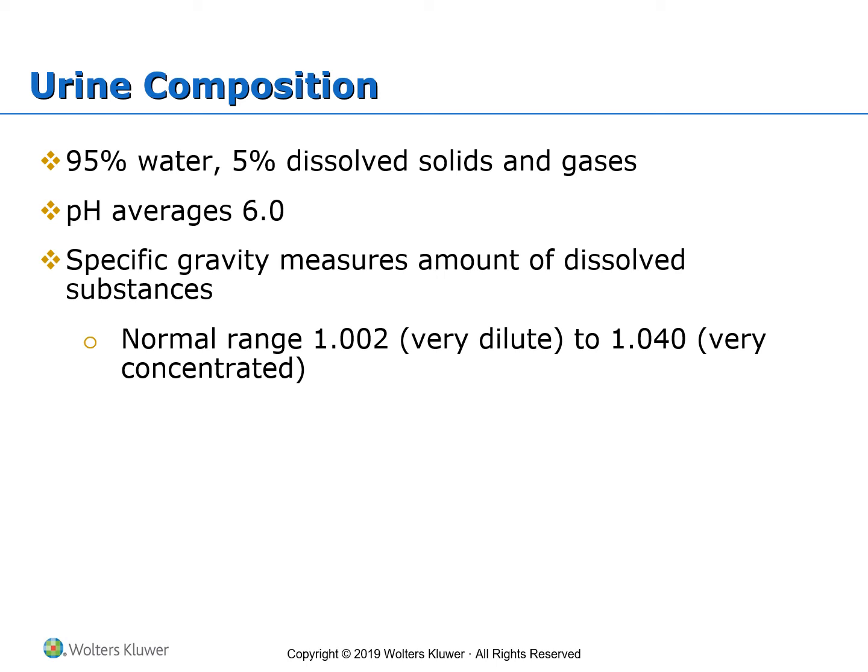So for urine, when we measure that, we get information about the number of particles dissolved in that fluid. It can be very close to 1, like 1.002, which is very dilute urine, and up to 1.040, which is very concentrated urine. Again, it's just 5% of the whole amount, so you cannot expect it to be more than 1.040. However, just by looking at this, you can see how many particles we have dissolved inside the urine.